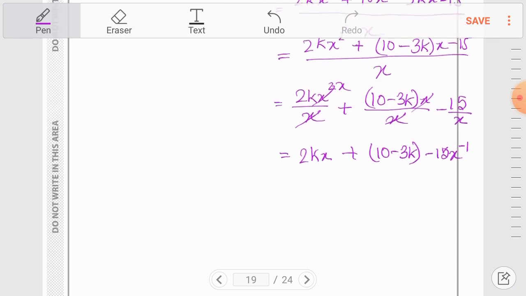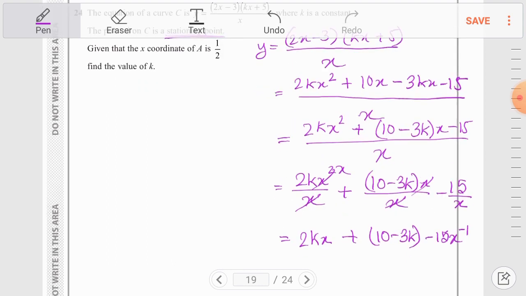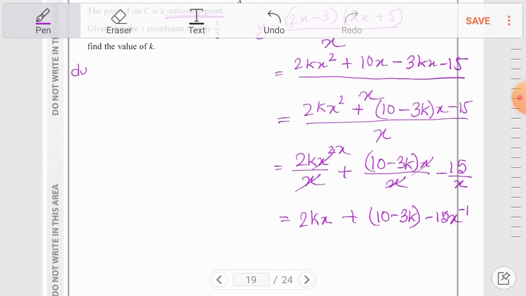And now I'm going to differentiate it. Why would I differentiate it? Because it has said that the x coordinate of point A on curve C was half, and it was a stationary point, so we can always find the stationary point using dy by dx. So I'm going to differentiate these equations, and you're going to get 2k.